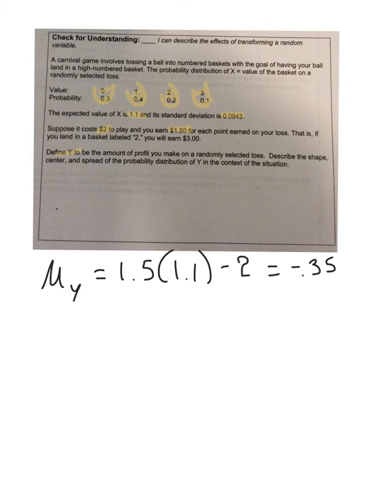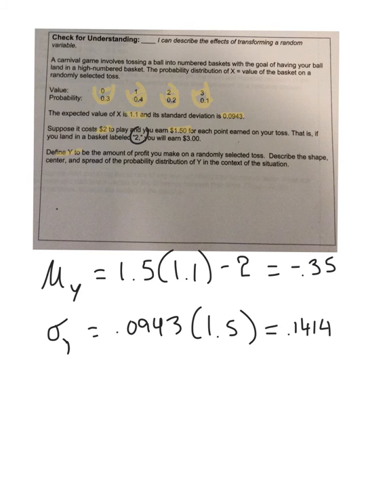Okay, now standard deviation. So the new standard deviation of y would be the old standard deviation, which was 0.0943, and we're going to multiply that by 1.5. Do we subtract the 2? No, we never add or subtract when we're doing standard deviation. So let's see what that is.